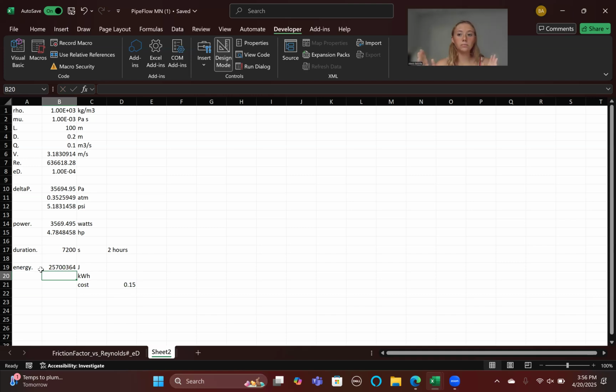So now we need to convert it to kilowatts. We're going to take this and divide it by 3,600,000. Okay. Finally, to get our cost, we're going to divide this number by 0.15. And we have our cost.